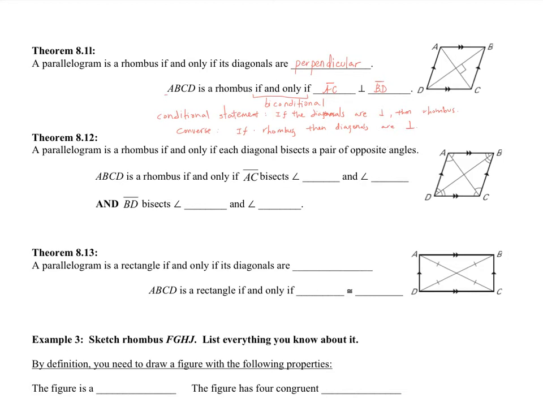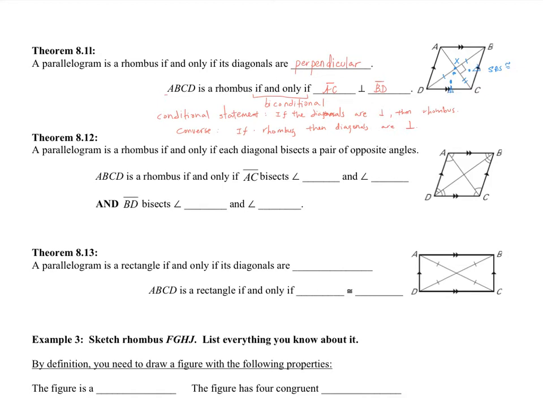Well, to prove the conditional statement, you would have to first prove, if you put X here in between as the intersection, that triangle BXC is congruent to triangle DXC by side, angle, side, and then you can say that by CPCTC, this side is also congruent to this side.